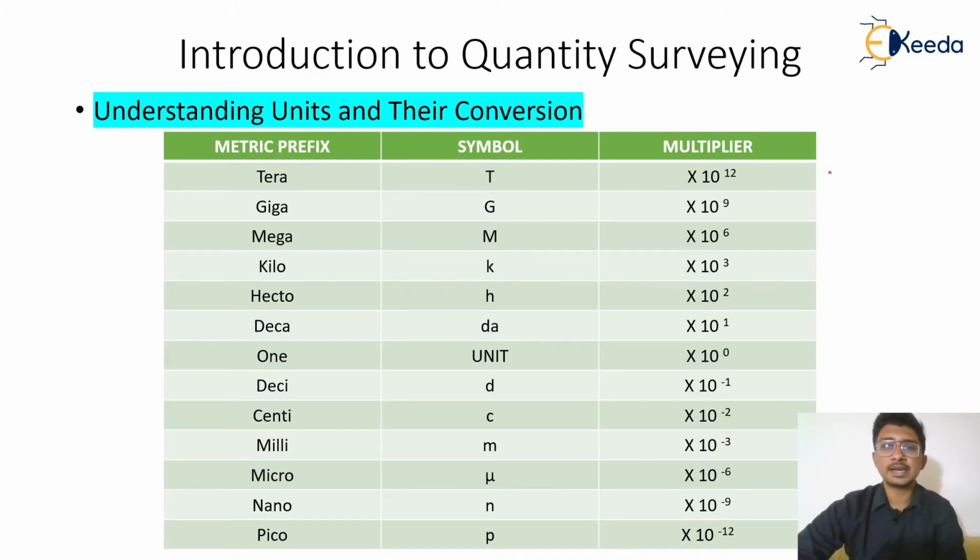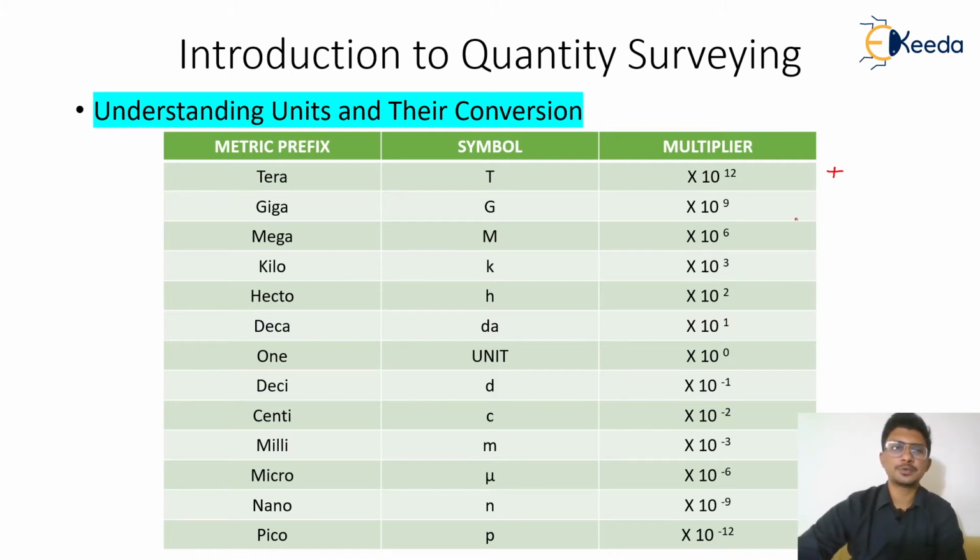I kept it from 10 raised to plus 12 to minus 12. I have never used beyond this, but at least this much you should know. They are tera, giga, mega, kilo, hecto, deca, deci, centi, milli, micro, nano, pico. It starts from 10 raised to 12 to 10 raised to minus 12.